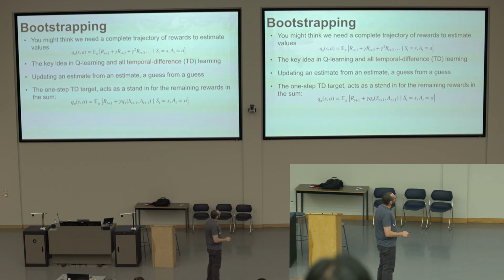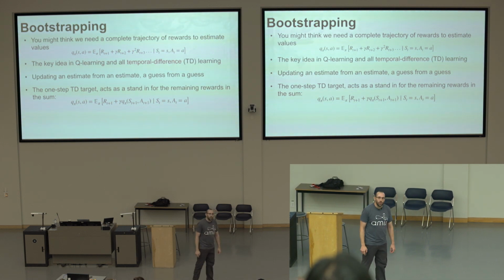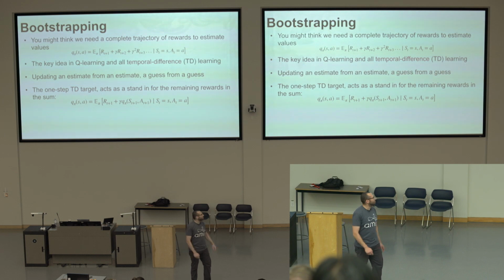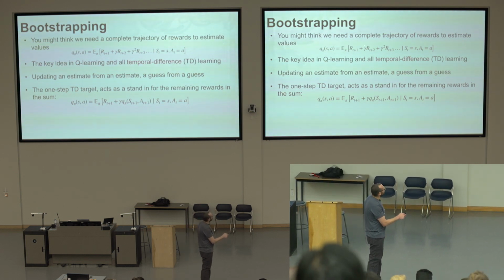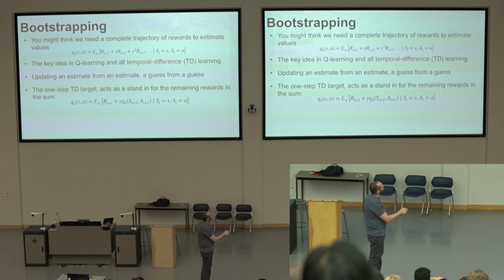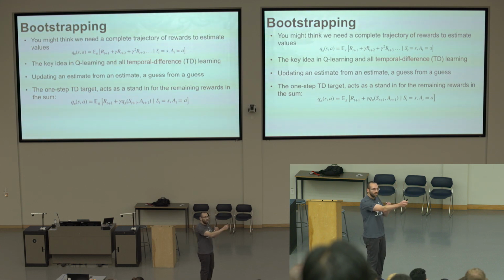So you can think of it as using a stand-in for the rest of the return. If we take the first reward and then factor gamma out of the rest of the sequence, so we have a gamma in front, and then we have R_{t+2} plus gamma R_{t+3} plus gamma squared R_{t+4}, and so on. That's just the action value one step into the future.